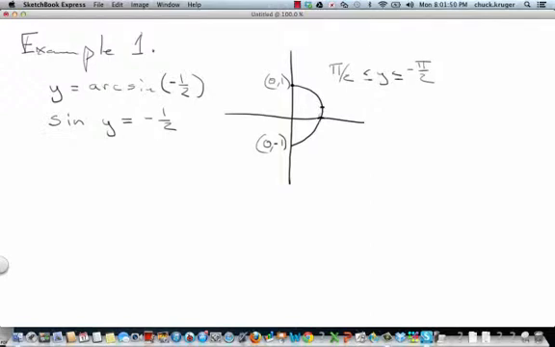There are some important points right here. In the first quadrant I call out five points. This point right here is 1, 0. This point is square root of 3 over 2, 1/2. This point is square root 2 over 2, square root 2 over 2.